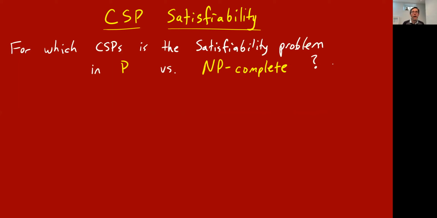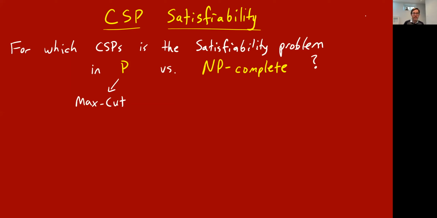So perhaps the most interesting question to ask here is, what's going on with the satisfiability task? Because sometimes, for some CSPs, you can do it in polynomial time, and for some CSPs, it's NP complete. And what's the deal? So for example, the satisfiability problem for maxcut, I claim, is in P. Why is that? Well, in the satisfiability version, you're not trying to find the optimal cut.